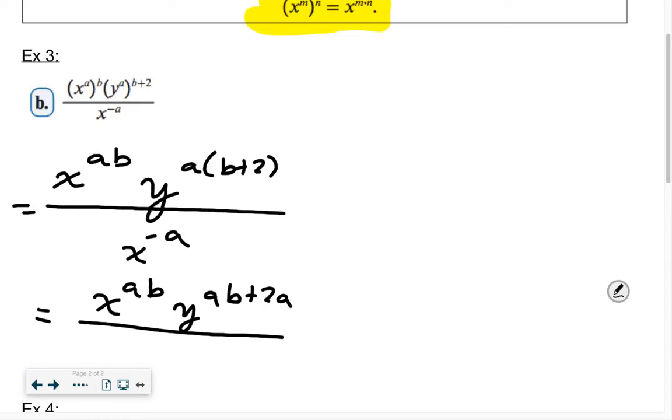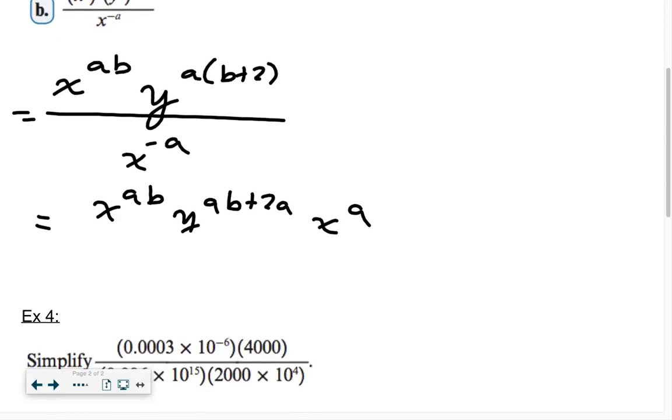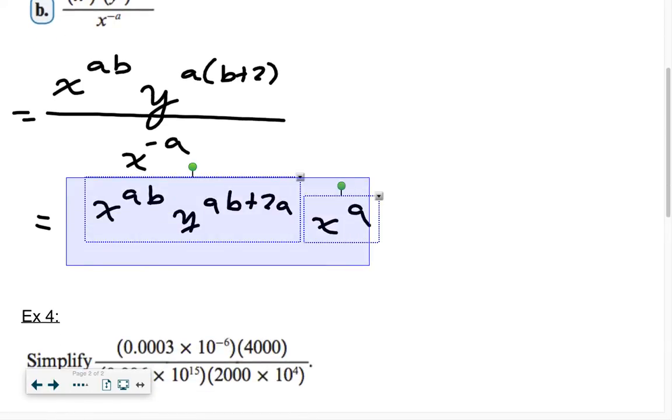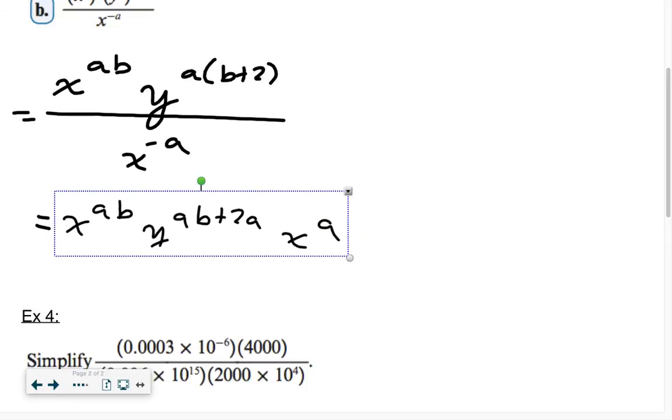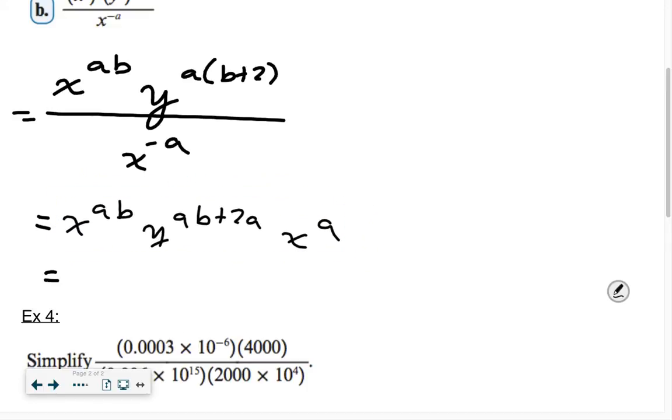Also in this step, if you would like to, what do we need to do with this negative a? Move it up. X to the positive a now. So the good news is our denominator has gone away. Isn't that nice?